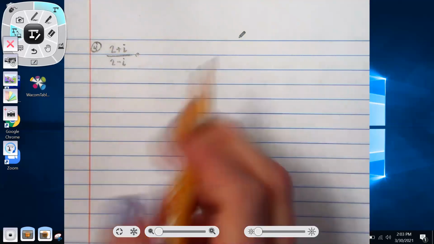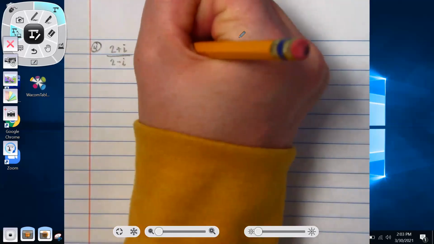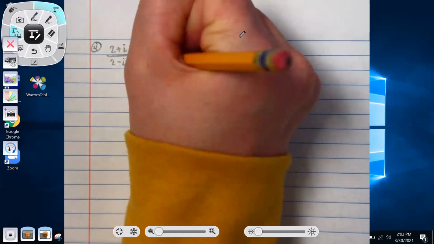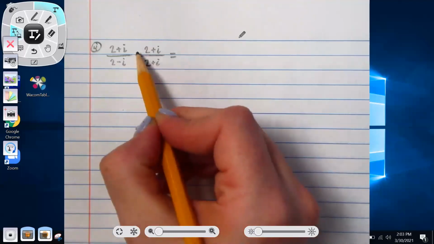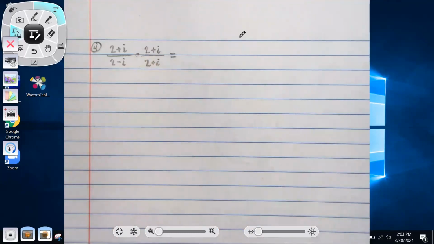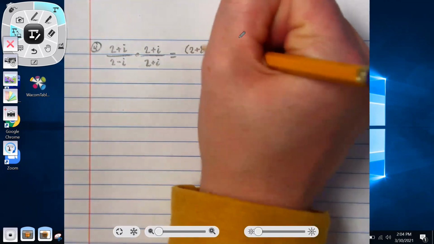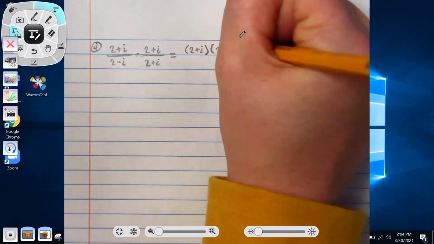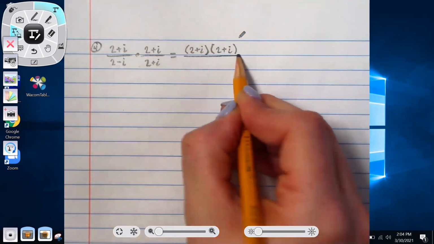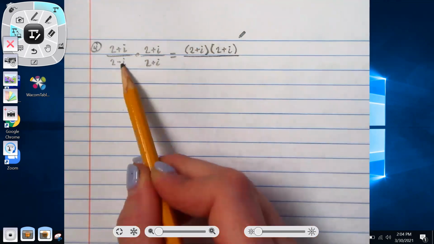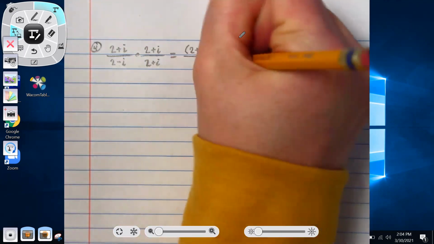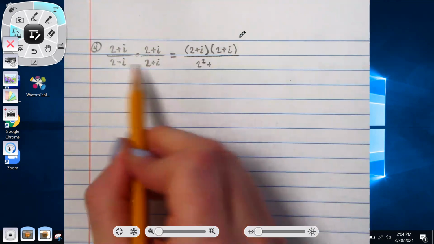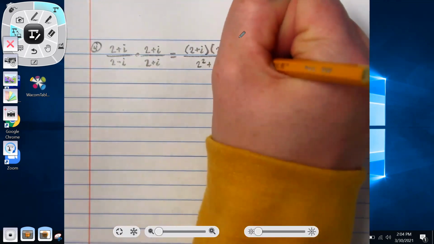The denominator is 2 minus i, so the conjugate would be 2 plus i. So in the numerator, we have 2 plus i times 2 plus i. In the denominator, we're multiplying conjugates, so we can use our shortcut. We get 2 squared plus the coefficient on i, in this case, is 1. So 2 squared plus 1 squared.